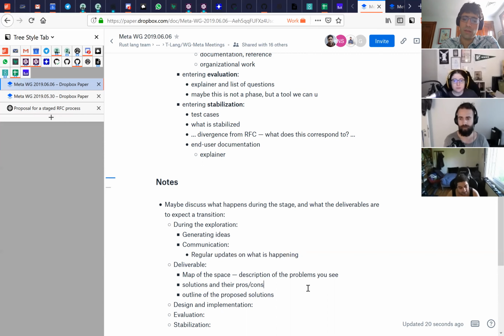I think the fundamental difference here is the staging bit, actually. So it's not so much that the content changes, but that we are separating the bits: now you focus on the motivation and the alternatives, and then you focus on what do we want to do.